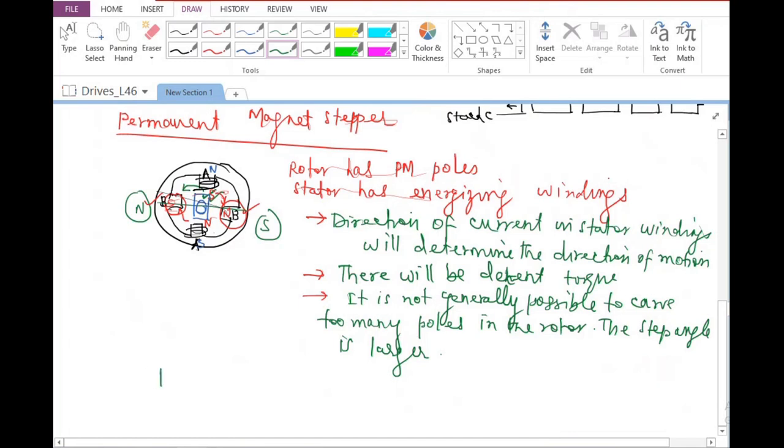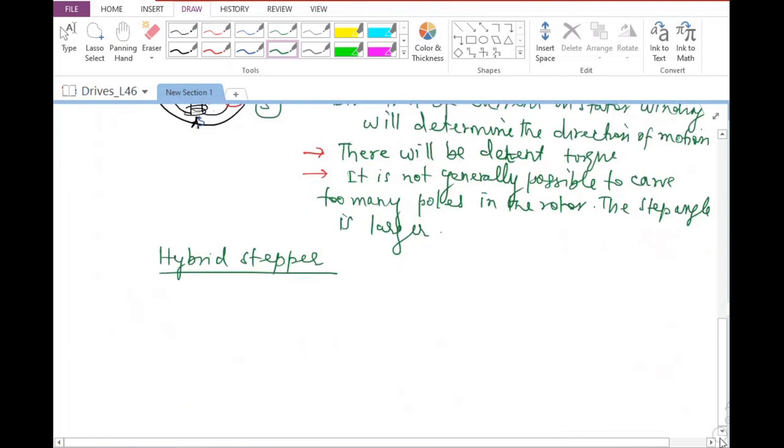In a hybrid stepper motor, on the other hand, which is a mixture of the variable reluctance stepper motor and permanent magnet stepper motor, you will have the stator again the same way. The stator might have a large number of poles carved, like this.